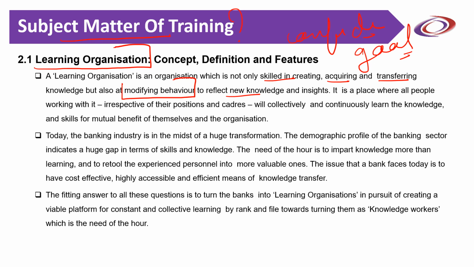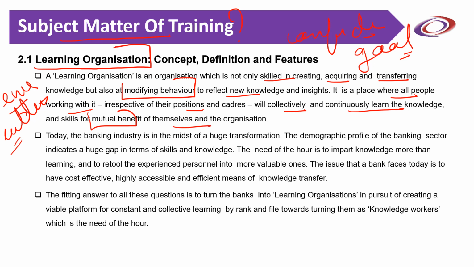Now, this is the goal of the training that is conducted. The individual should modify behavior so that they're positively inclined towards training and upskilling. They themselves want, they are intrinsically motivated towards new skills to take more jobs. So a learning organization is more of an environment, a culture that is created in the corporate industry.